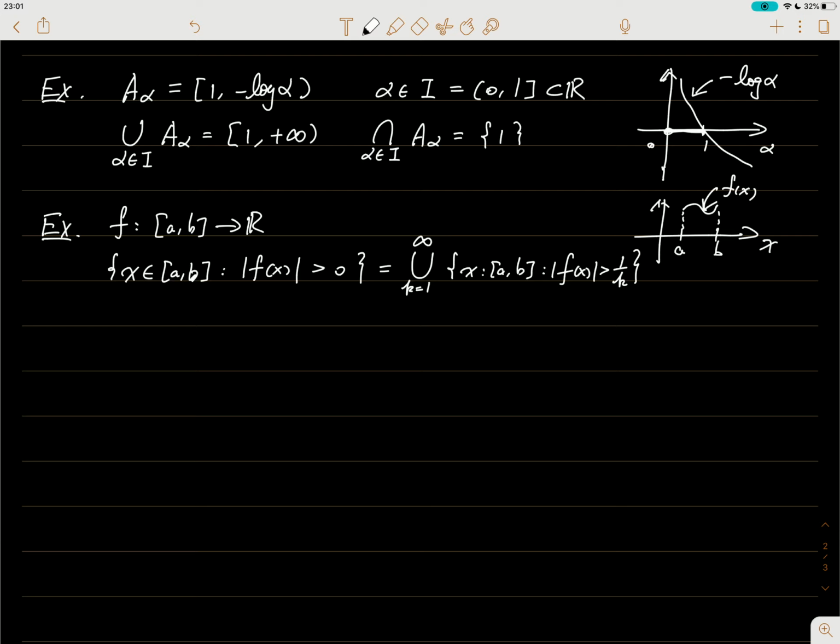Okay? I can even put this as bigger than or equal to. So the point here is that if the absolute value of f of x is bigger than 0, that means it is some positive number, right?